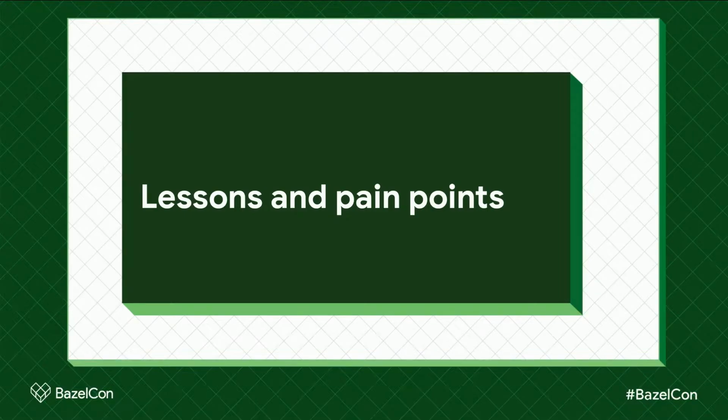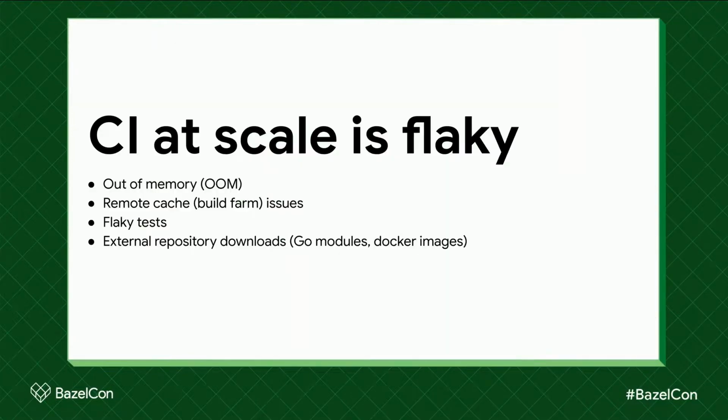So what are our lessons and pain points? First lesson I want to share is CI at scale is actually pretty flaky. Our CI has to verify thousands of changes a day. And with this scale, we will run into out-of-memory issues on some CI nodes, remote cache issues, flaky tests, and issues downloading external repositories.